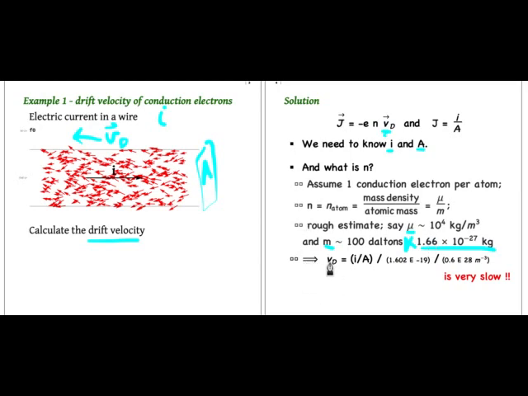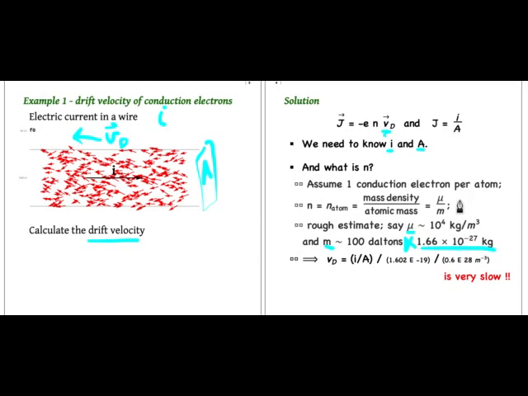All right, so now the drift velocity will be J, that's I over A, divided by e, that's 1.6 times 10 to the minus 19, divided by the number density. Here we have the number density, mu over m. Well, I said mu was 10 to the fourth. I said m was actually 1.66 times 10 to the minus 25.